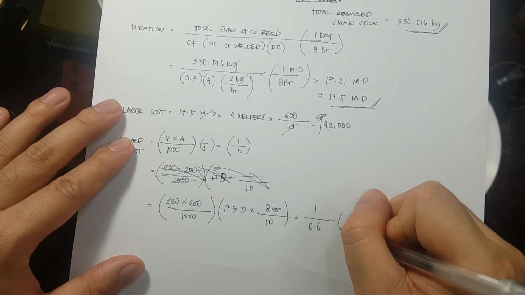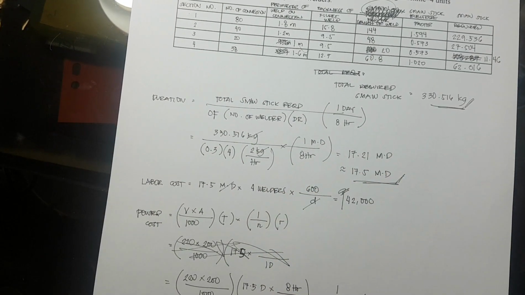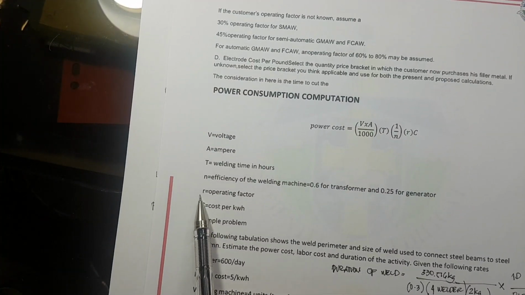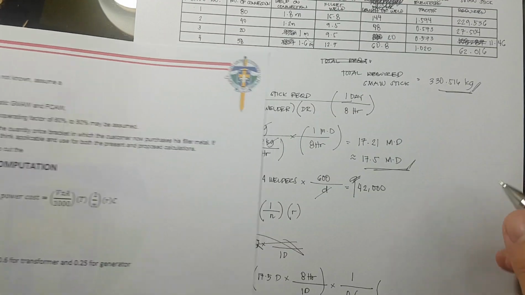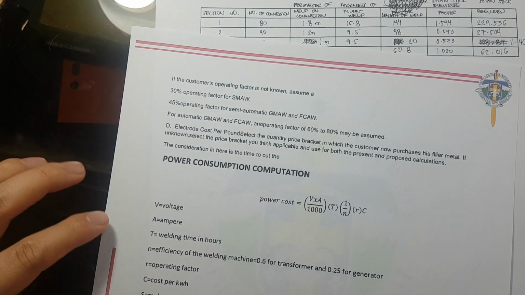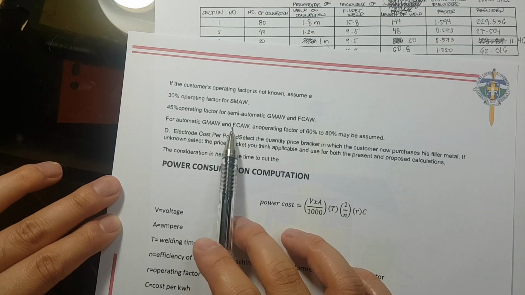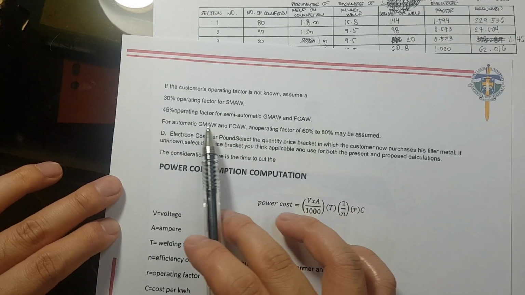Times R. Ano yung R natin? R is our operating factor. And we have here the C. So what would be our operating factor? For automatic GMAW, FCAW, we have 60 and 80% respectively.